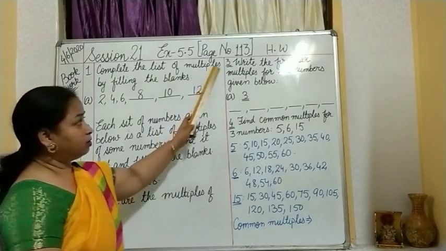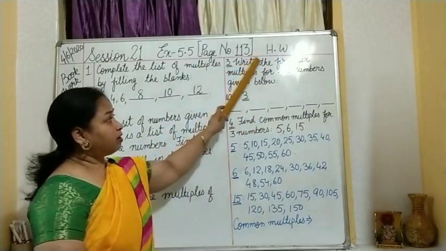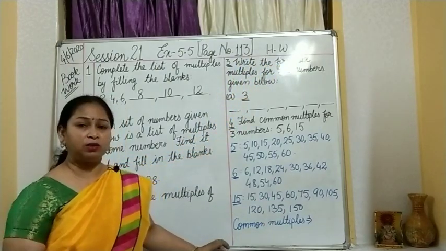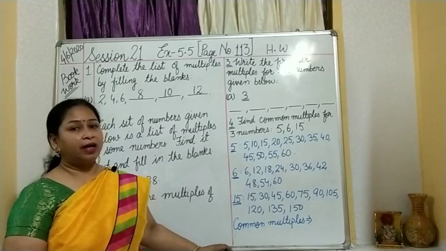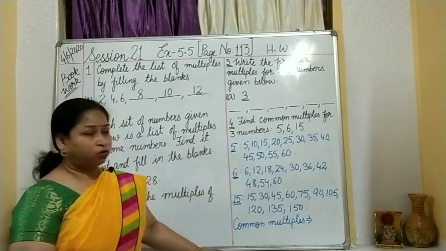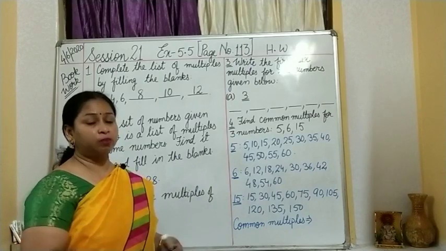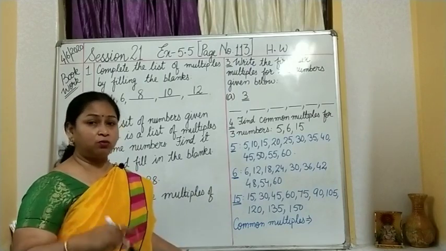Look at question number 3. Write the first 6 multiples for the numbers given below. You will have a series of numbers over there. I have taken one number, that is 3. What you have to do, first 6 multiples, that means 3 ones are, 3 twos are, like this.